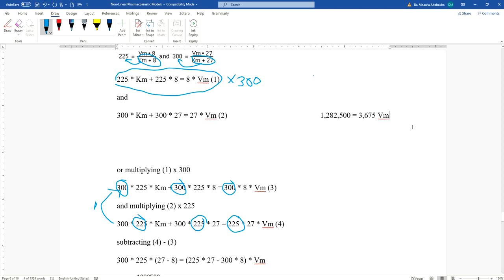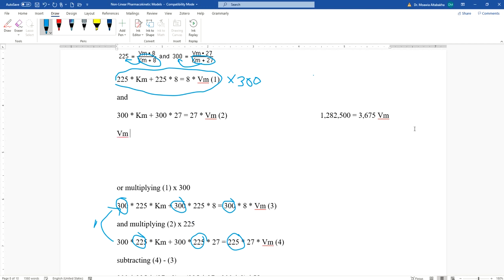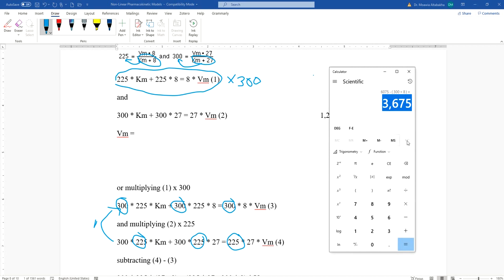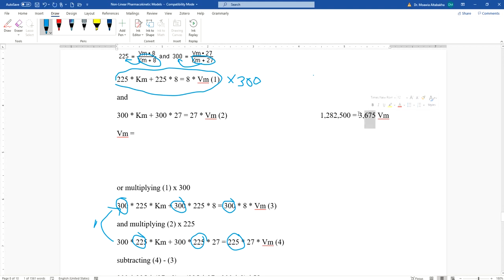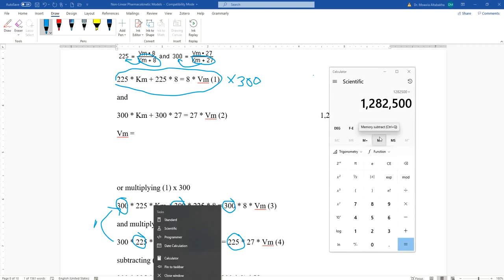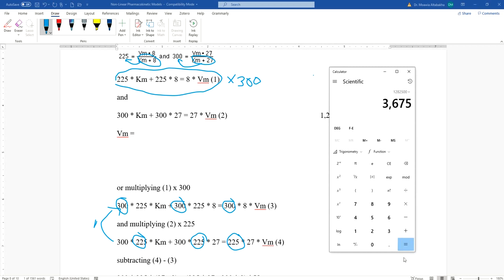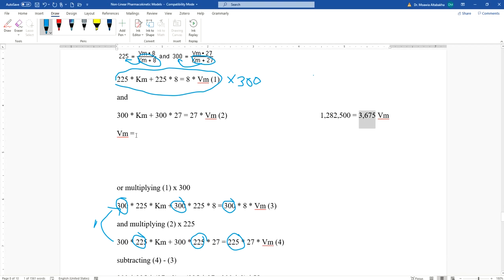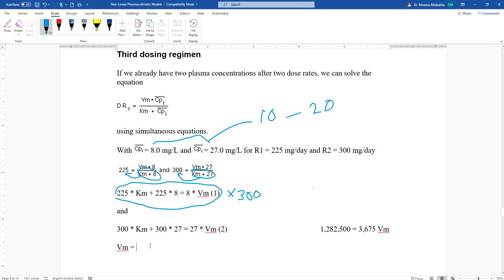Then I can calculate Vm, which will be equal to this number divided by this number, and it is equal to 348.9, so approximately 349. Okay, so Vm is equal to 349.